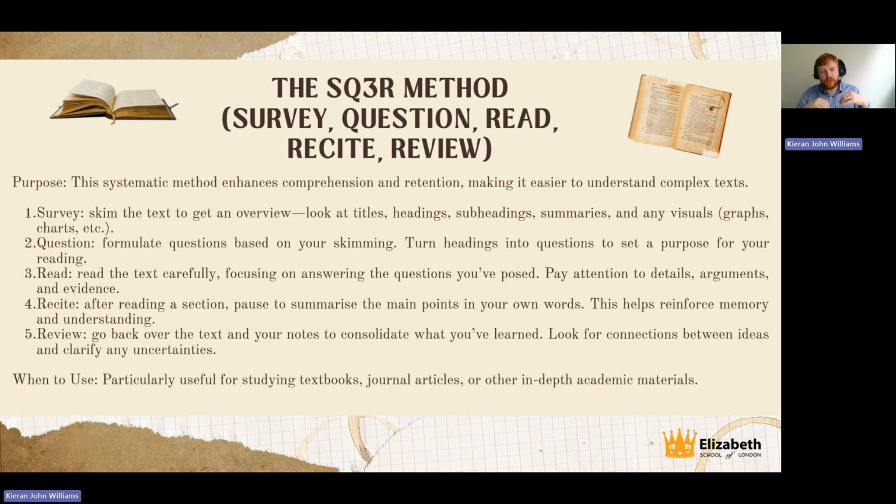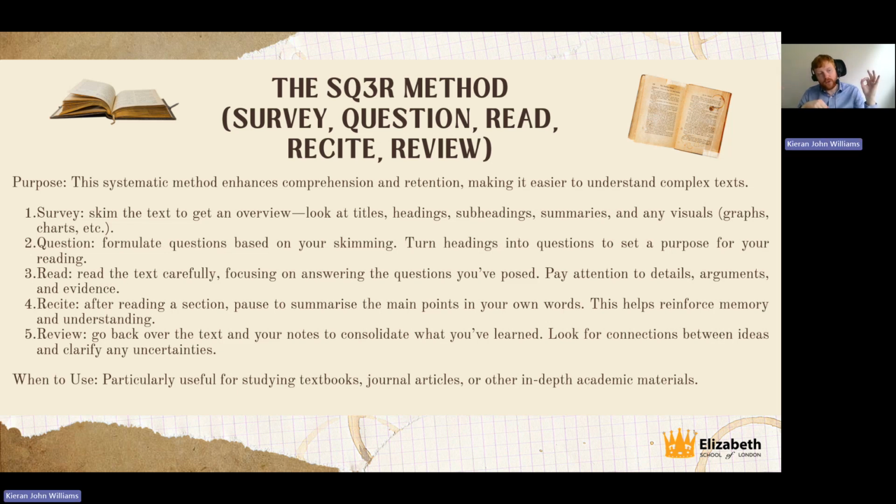Okay, so the first letter S, this is for survey. This starts with you skimming the text. We talked about skimming before. Okay, so skimming the text to get an overall idea. So you're looking at all of the information, not just what is written in the body, but looking at headings, titles, summaries, visuals to get a general idea of what the text is about.